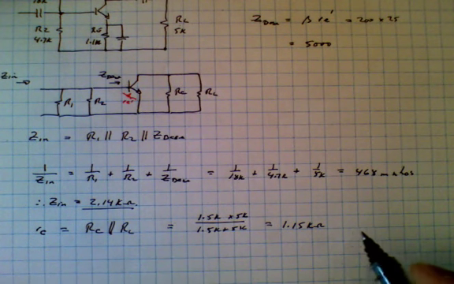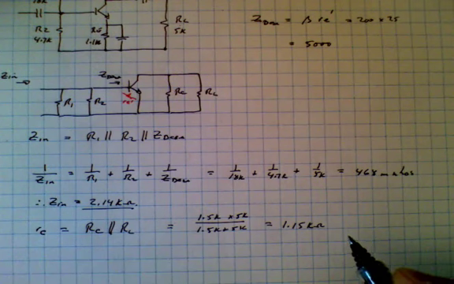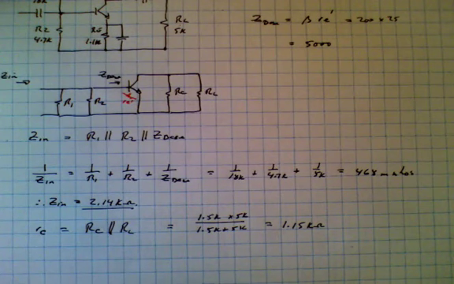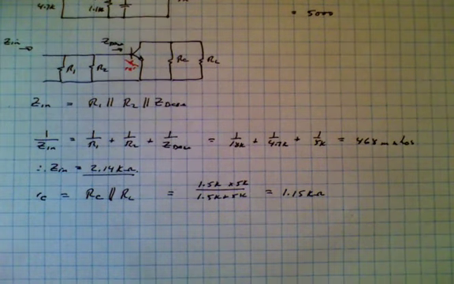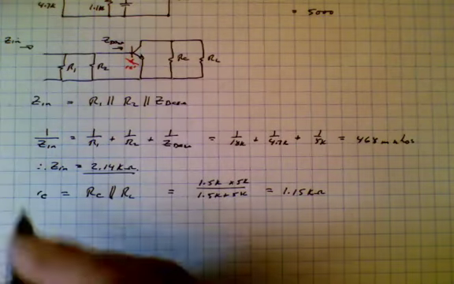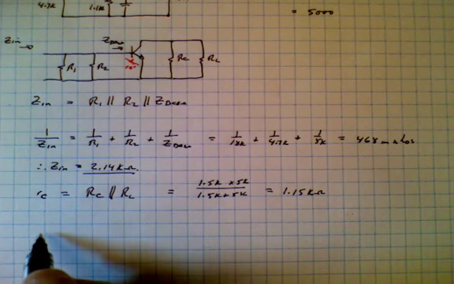what we can do is simply apply an equation which has been provided for us that gives us the current gain. Now, we've already showed you how to derive this expression, but rather than going through the derivation again, we're just simply going to make use of it.